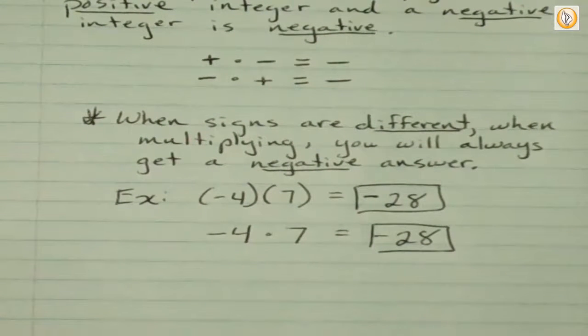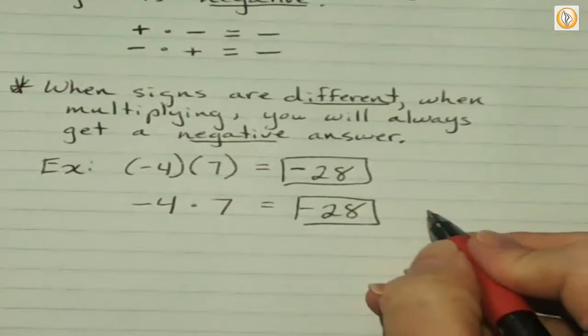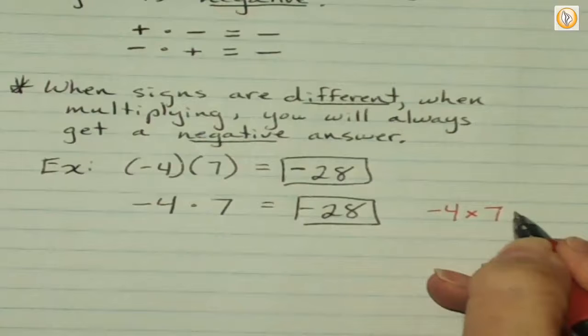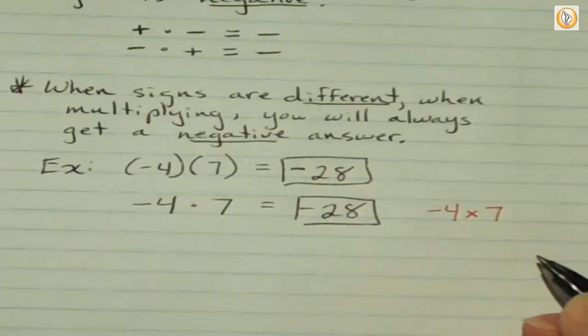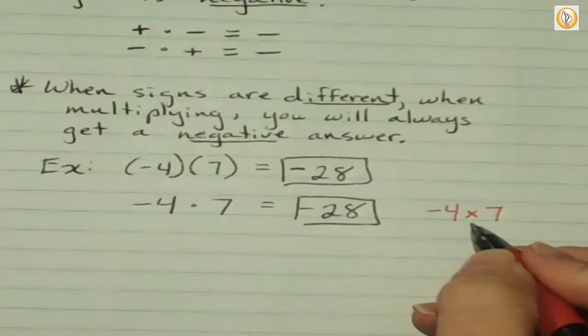Now, I will tell you, now that you're in pre-algebra, we do not write the x. Can someone tell me why? Because x can sometimes be like x times y, like letters.